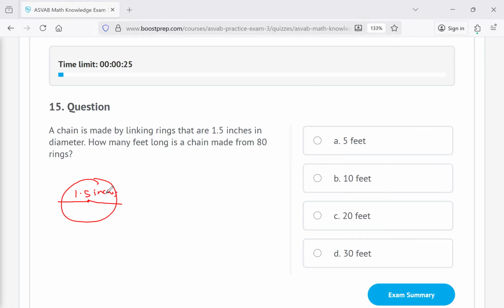What you would do is multiply by 80 because there's 80 rings, right? So what's 80 times 1.5? It is 120.